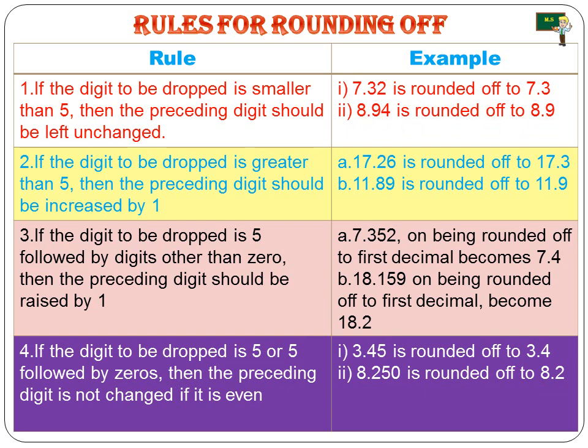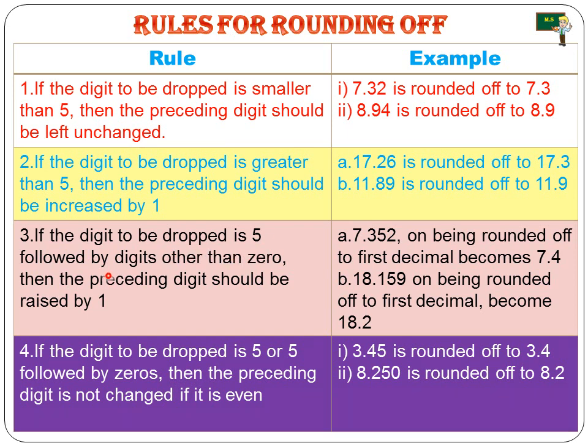It's not rounded off to 9. Understand? Second rule, if the digit to be dropped is greater than 5, then the preceding digit should be increased by 1. See this, 17.26 is rounded off to 17.3 and 11.89 is rounded off to 11.9.